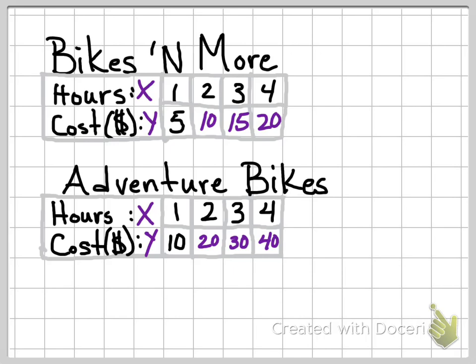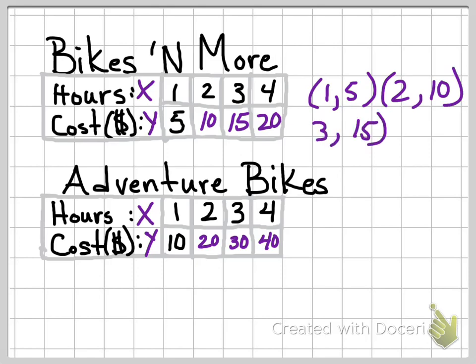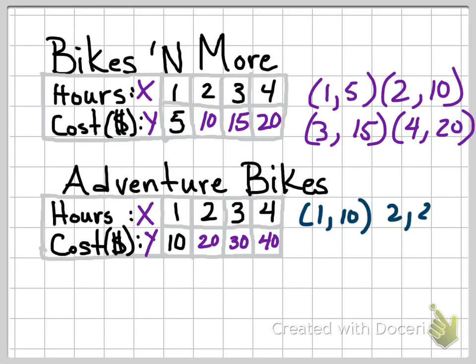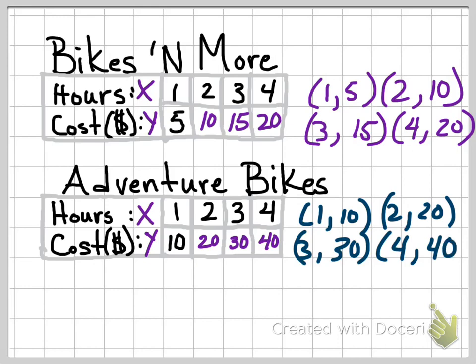We can look at this and say our coordinates are (1, 5), (2, 10), (3, 15), and (4, 20). And for Adventure Bikes, let's go ahead and change the color here. We're going to say our coordinates are (1, 10), (2, 20), (3, 30), and (4, 40).